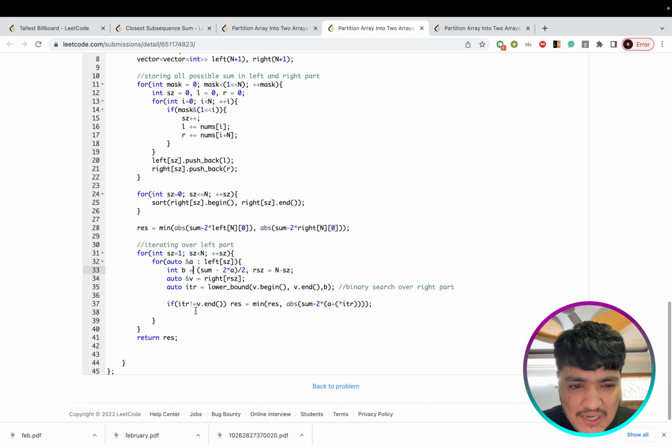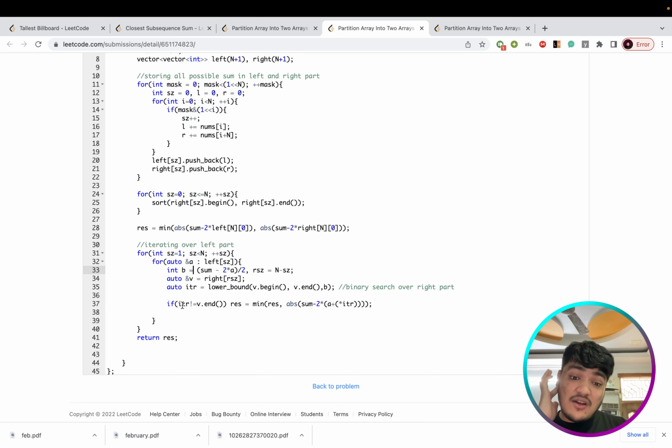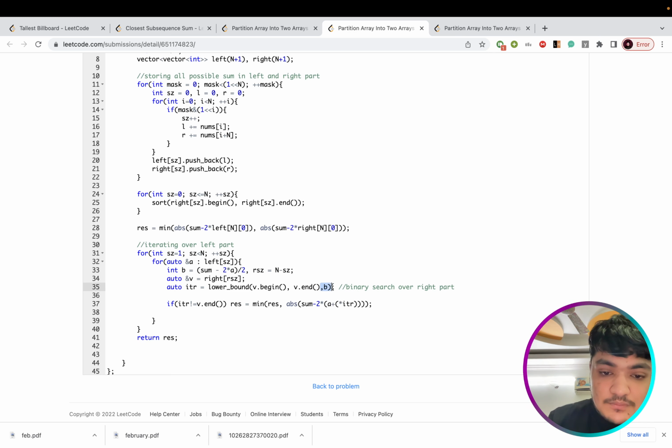If my iterator points to the end of the vector, it means all the values are lesser than this particular b value, so I won't be doing anything in that case. If my iterator is not equal to v dot end, then I would be updating my result, and then I would be returning this result.